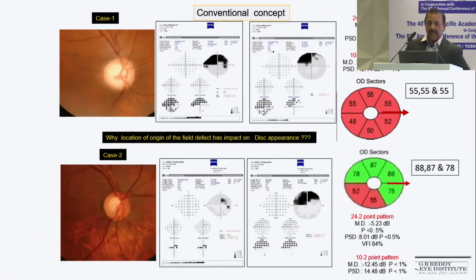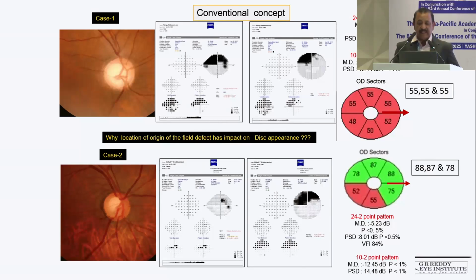As you know, by this time you must be knowing that glaucoma can start within 10 degrees, outside 10 degrees, and simultaneously. When glaucoma starts from the periphery, the disc looks very pale. And when glaucoma starts from the center, the disc looks almost very healthy, because most of the peripheral fibers are intact.